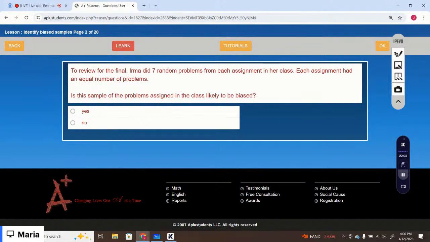To review for the final, Irma did seven random problems from each assignment in her class. Each assignment had an equal number of problems. Is the sample of the problems assigned in the last class likely to be biased?